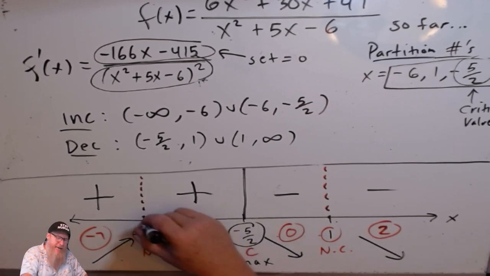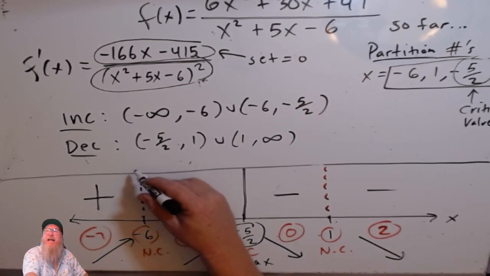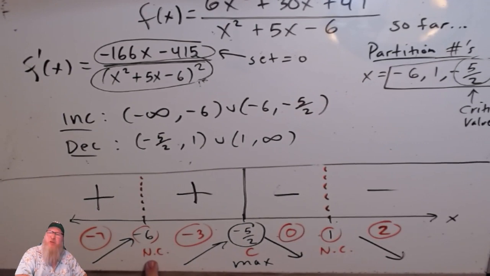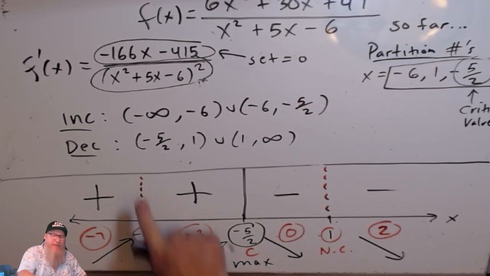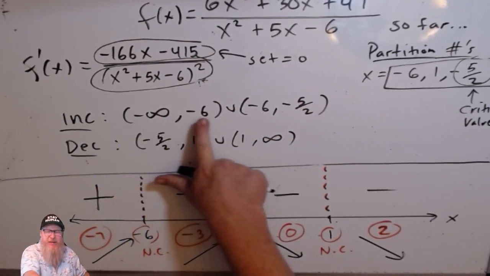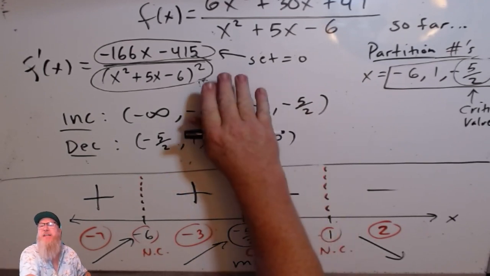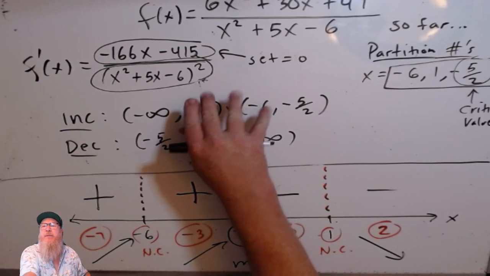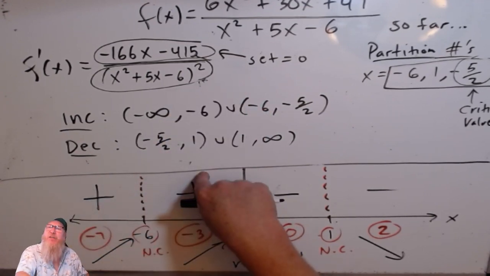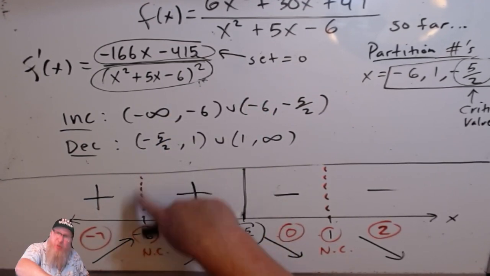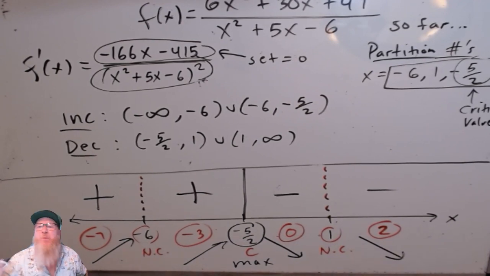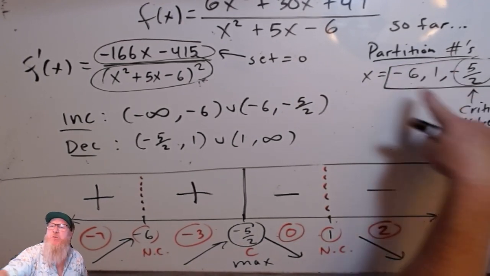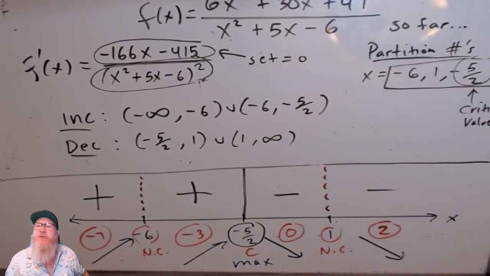And again, if these were solid lines, then these would be critical values. And then this would go -infinity all the way to -5/2, and I wouldn't even mention the number in the middle, right? Because the sign doesn't change. But because it's a non-critical value, that's why it's so important to know the difference between the partition numbers and the critical numbers.